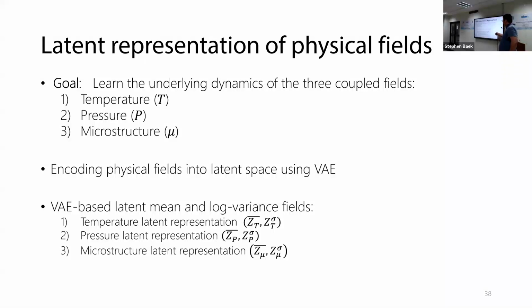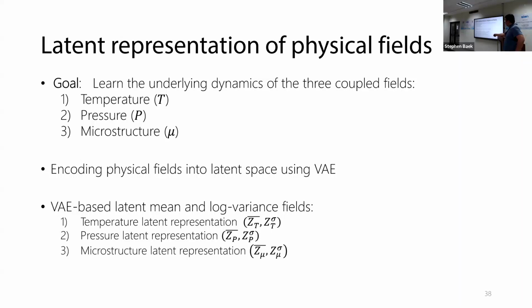We're going to use a variational autoencoder, which means we're going to have a mean and a variance for each of those. So ZT is the latent, low dimensional, reduced dimensional representation of the temperature. Then we have ZT bar, which is the mean of that, and ZT sigma, which is the standard deviation of the encoded temperature. We do the same thing for the pressure.